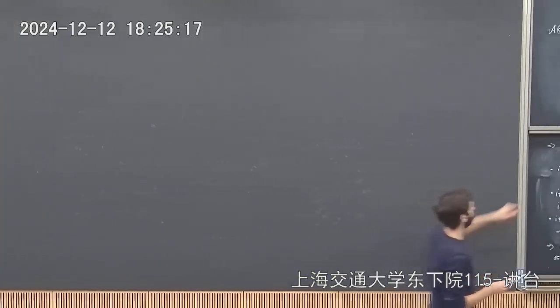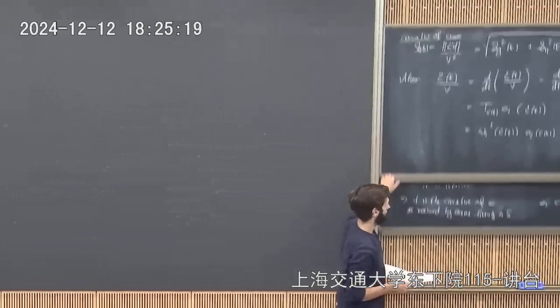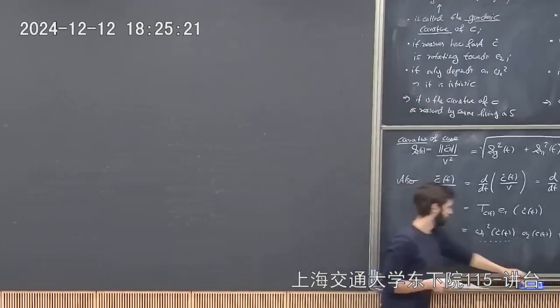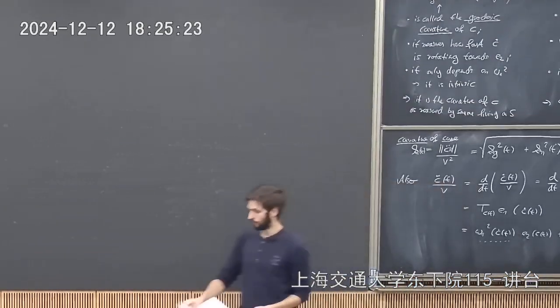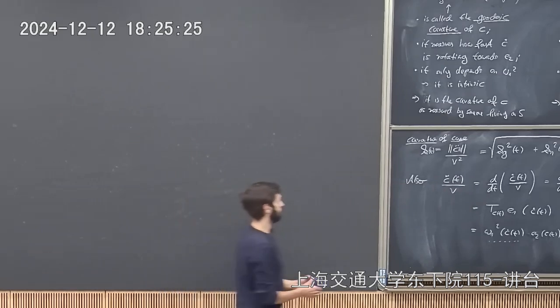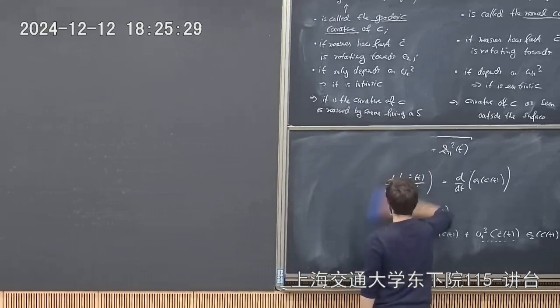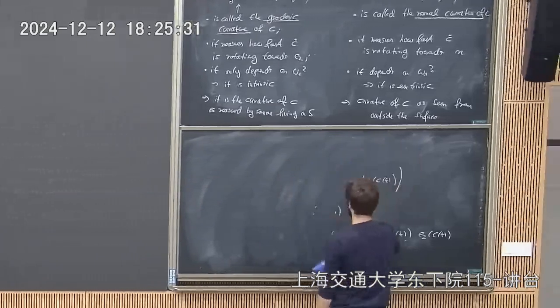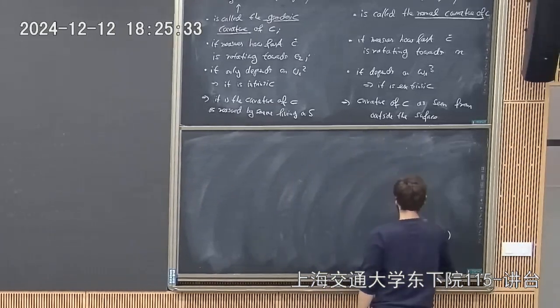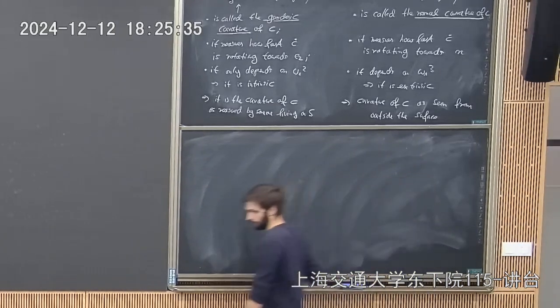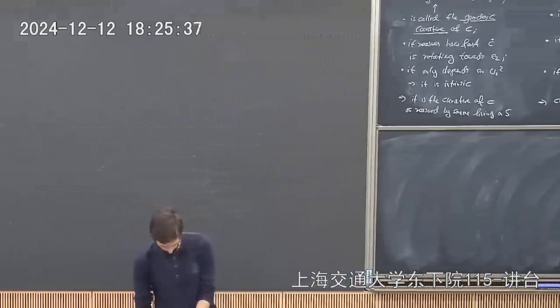Okay. So let's see some examples. The first one is to verify that it's not just analogous, but really boils down to the properties that you know if you have a curve in the plane. So that's the first example.